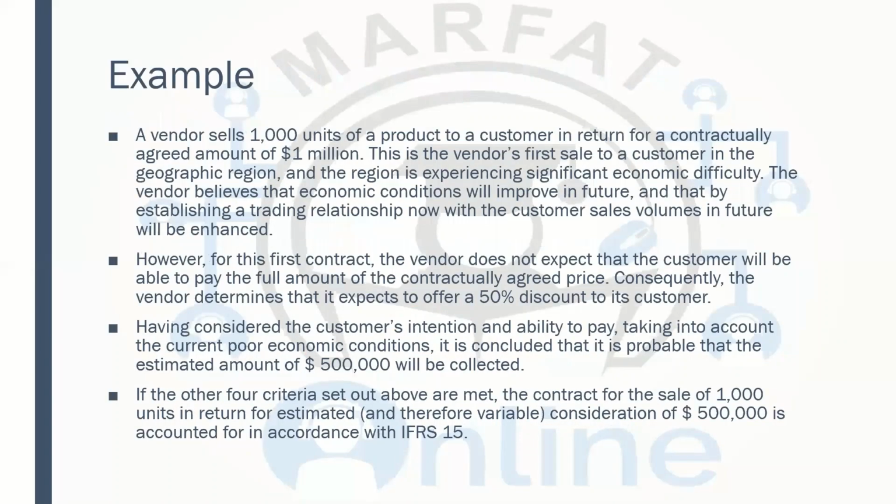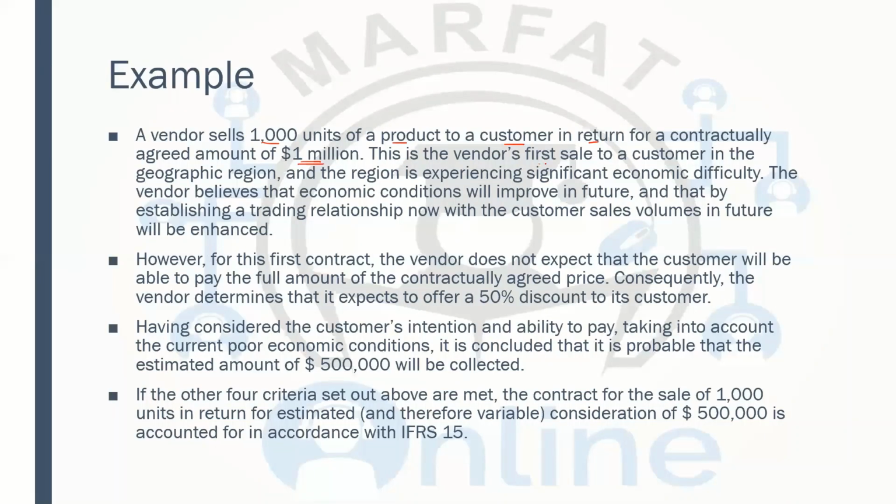Let's do an example and then you will get the concept. Example number 1. A vendor sells 1,000 units of a product to a customer in return for a contractually agreed amount of 1 million. 1,000 units for 1 million.